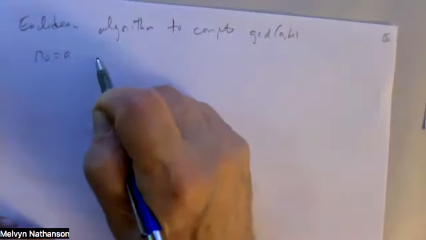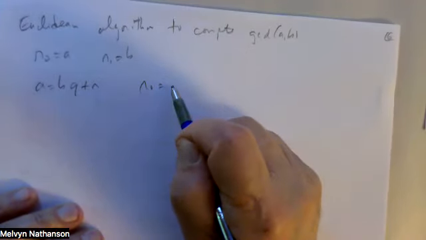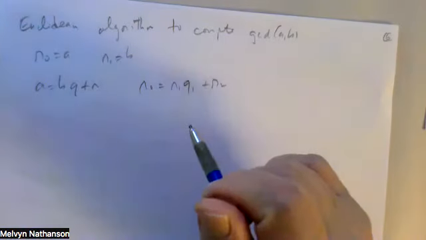We got R0 equal A and R1 equal B. So you take A and write it as BQ plus R, or then a better notation would be R0 is R1 times a quotient Q1 plus the remainder R2.